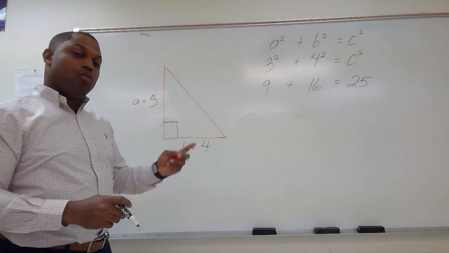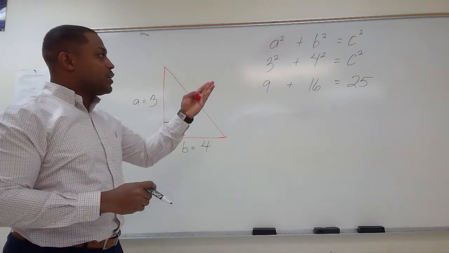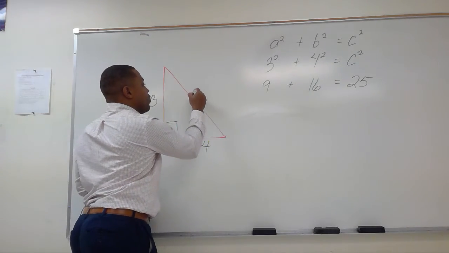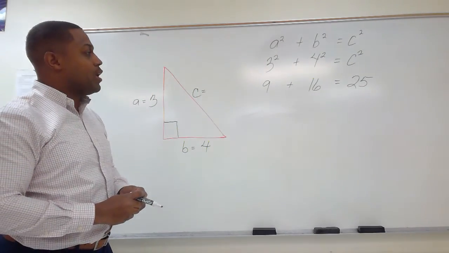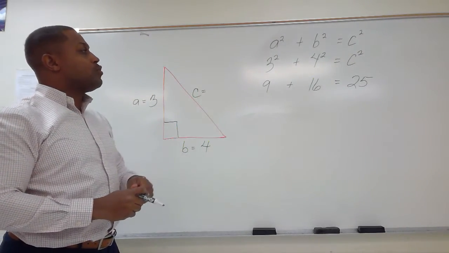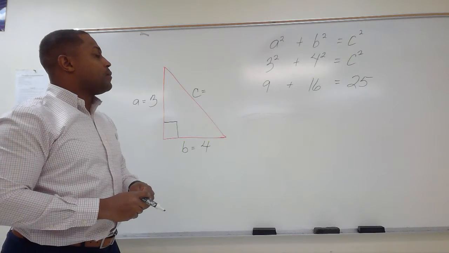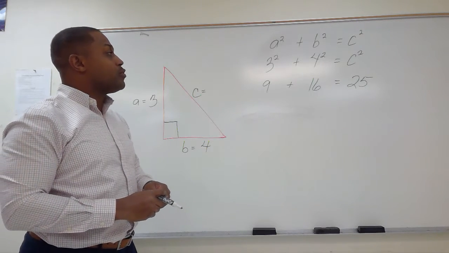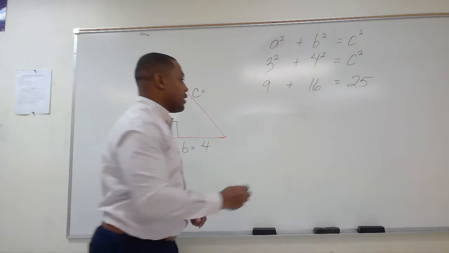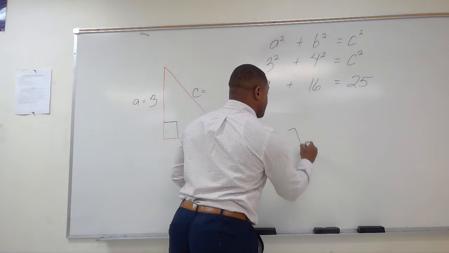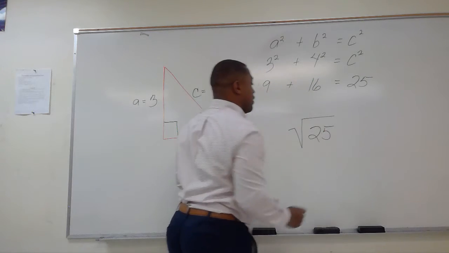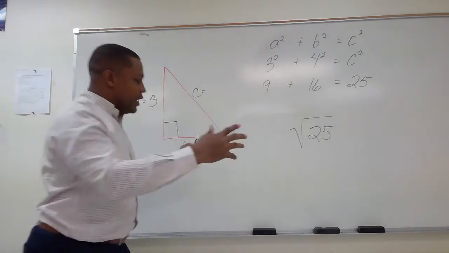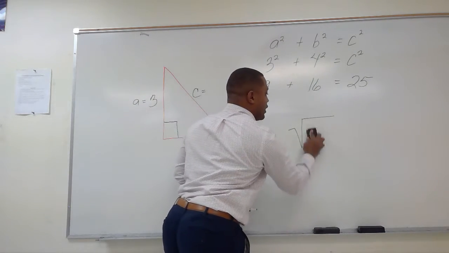But the thing is, 25 is, as we can see, c squared, but what we're actually looking for is c, okay? So what we need to do is get the square root of 25, okay? Let me take this away quickly here.